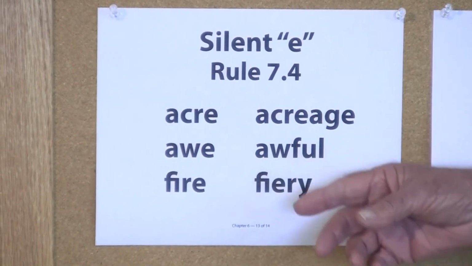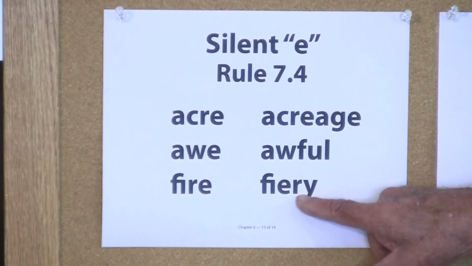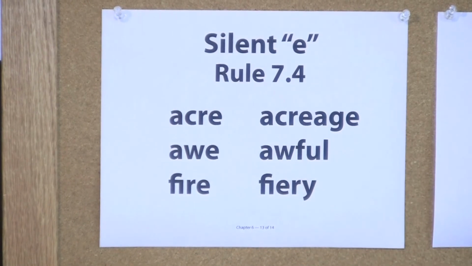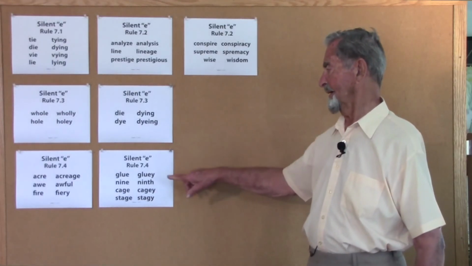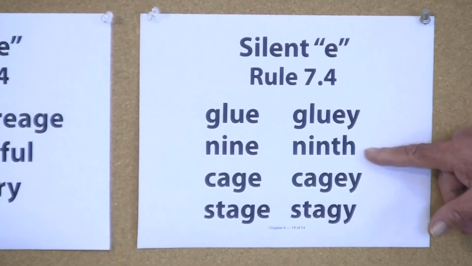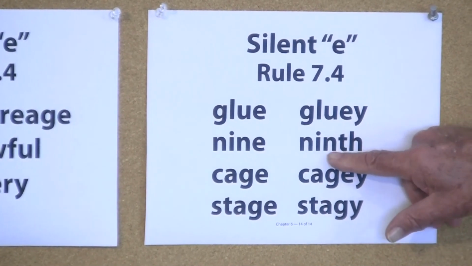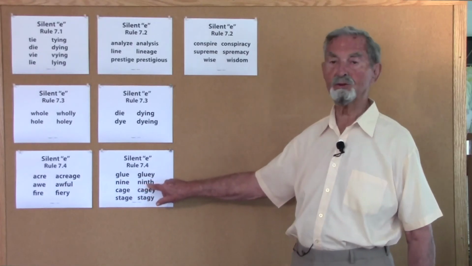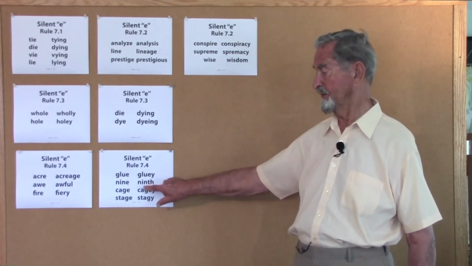Fire, fiery. Here the E and the R are reversed quite unnecessarily. Glue, gluey. Ninth. Ninth is clearly illogical. That E should be retained to keep the sound of nine instead of nin.